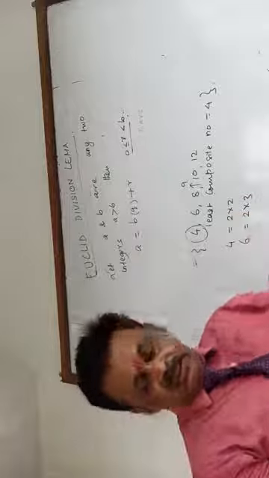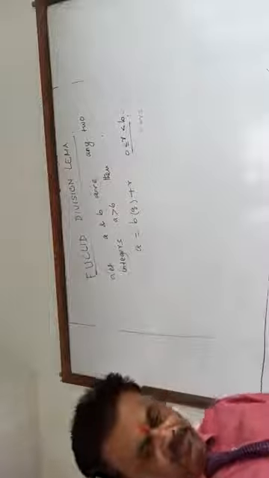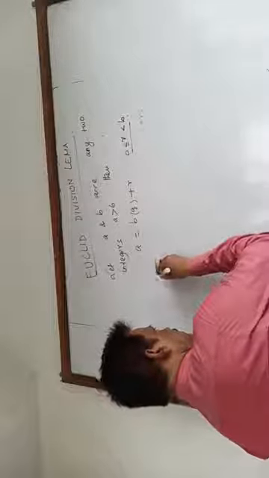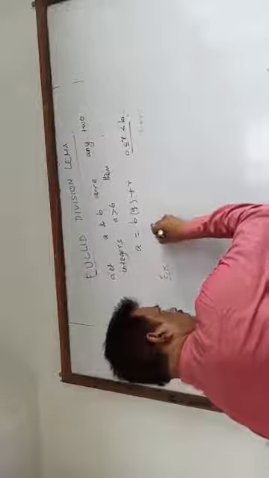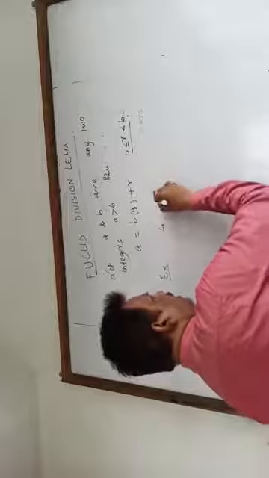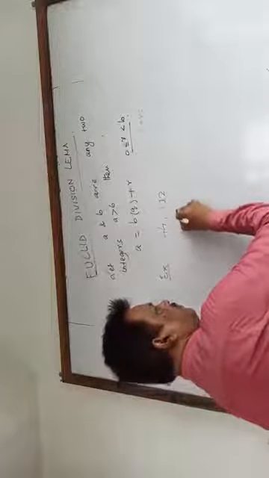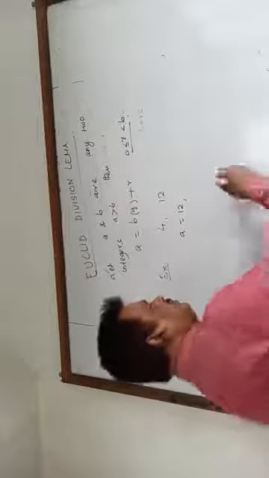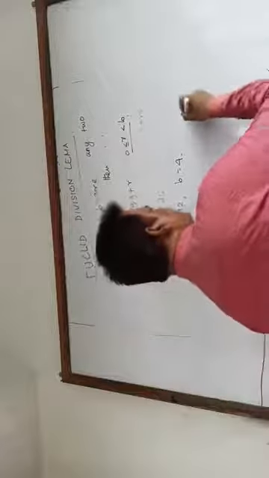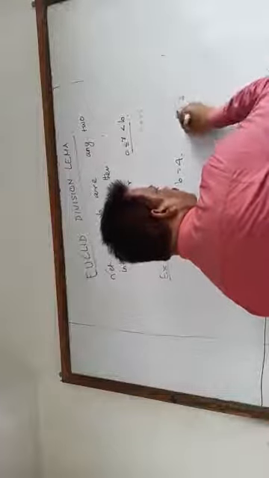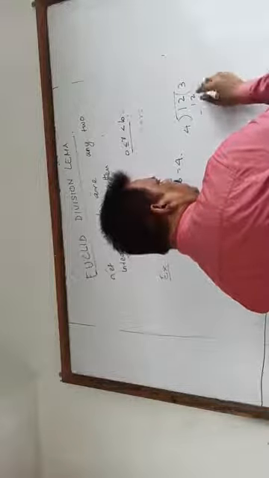To understand this, I will take a small example. Suppose we have two numbers 4 and 12. Here A will be 12, B will be 4. So when you divide 12 by 4, you get 4 threes are 12, remainder is 0.